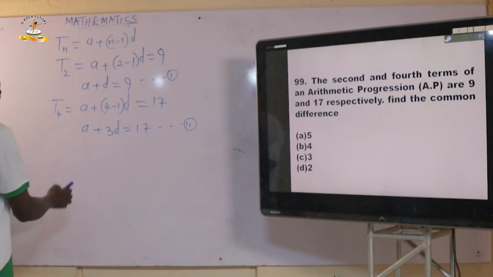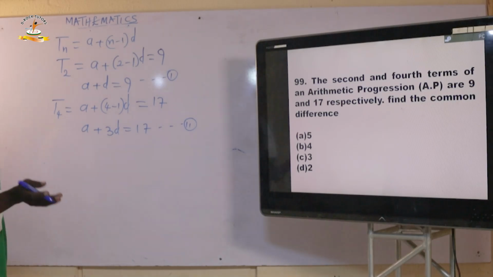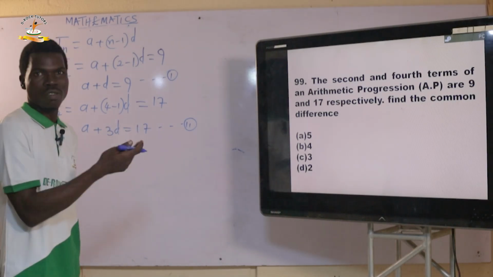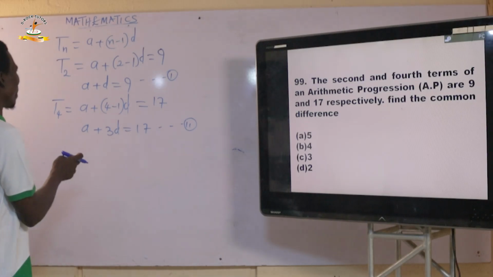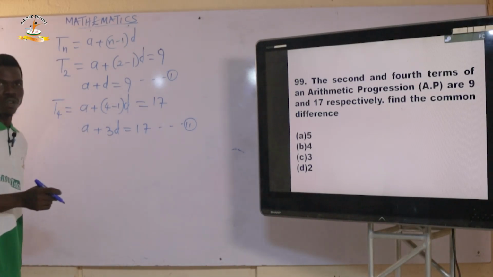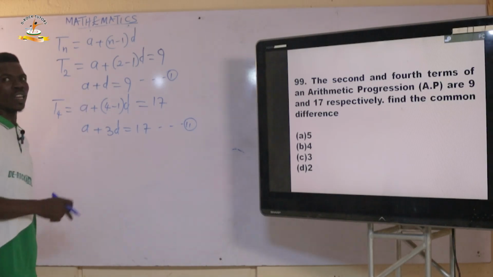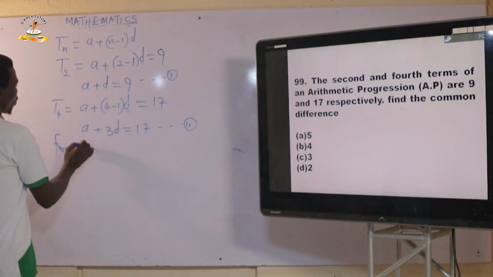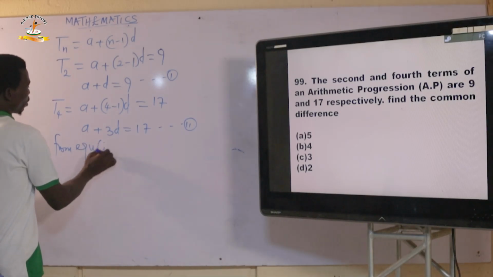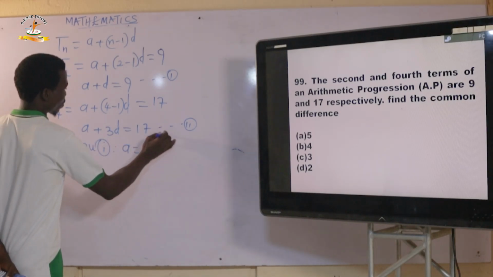And what do we do? We solve equations 1 and 2 simultaneously. Since we are looking for the common difference and not both the first term and the common difference, we don't need to stress ourselves. We simply use the substitution method. We make a the subject of the formula in equation 1. So from equation 1, we have a equals 9 minus d.